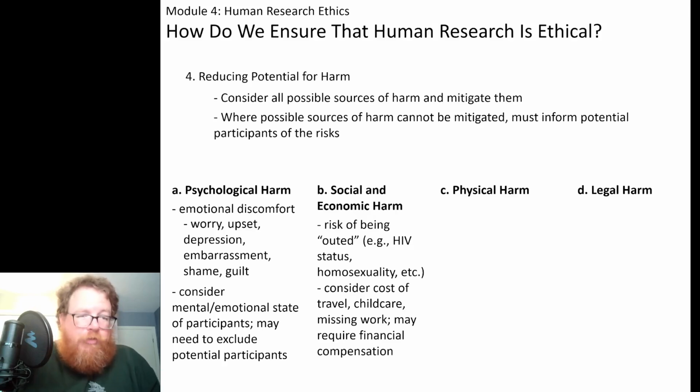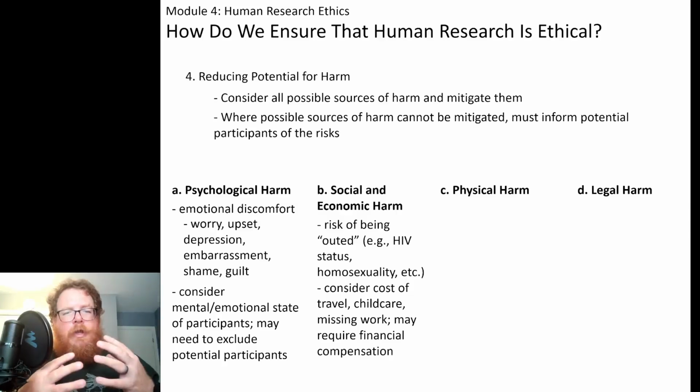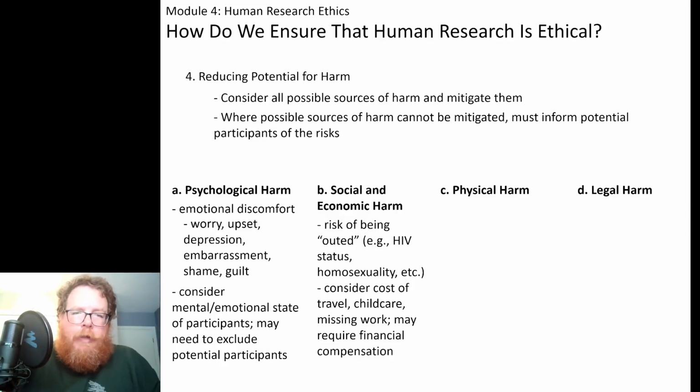Same with homosexuality, if you're doing studies where maybe you're recruiting specifically homosexual individuals. Again, that has to be something that you keep in mind. Is it possible that people could be outed in some way or another through their participation in your study? How can we minimize that? Obviously, it should be minimized through the confidentiality principle we talked about earlier.